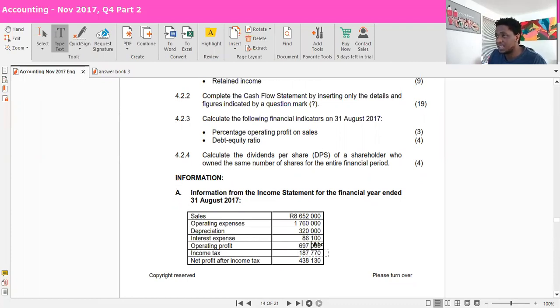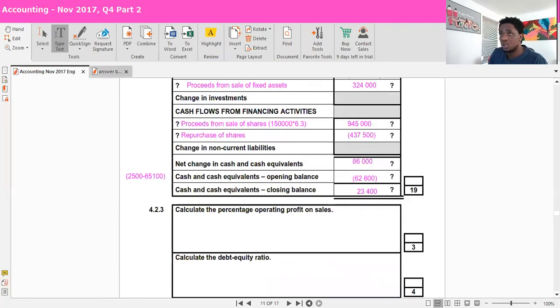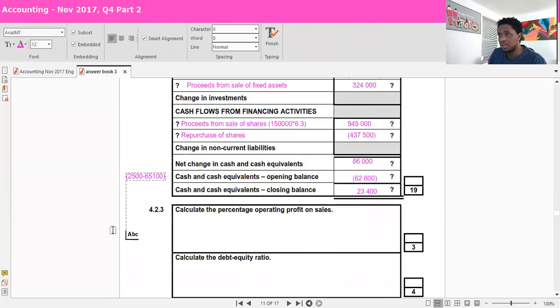Operating profit is 697,000, and our sales is 8,652,000. To answer this, we simply take 697,000 divided by 8,652,000, and then multiply the whole thing by 100, and we would get an answer of 8.1%.